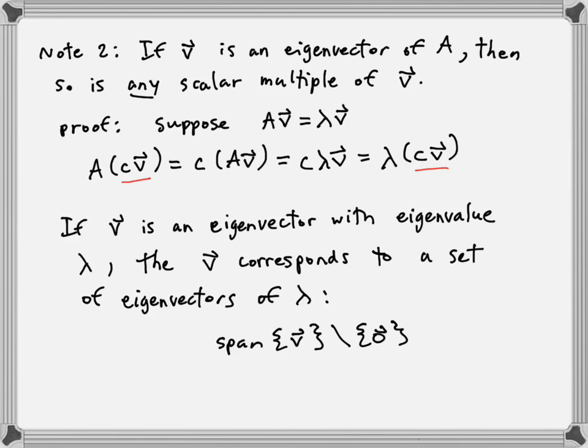We're okay with anything times V except for the zero vector.